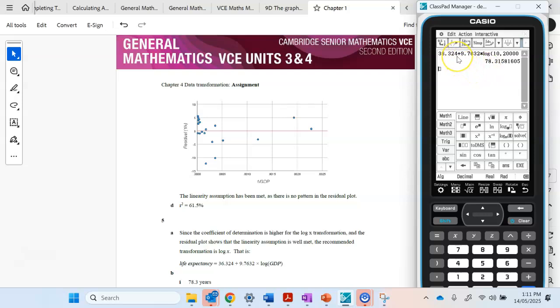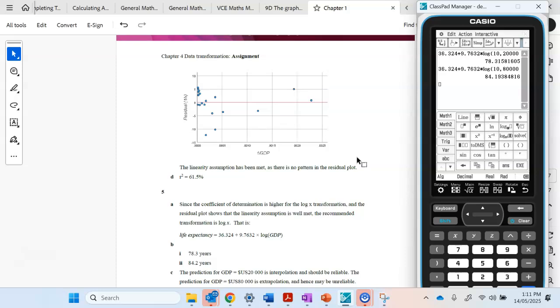Now we're going to do exactly the same thing. Instead of writing it again, I'm going to highlight it and drag it down. And then we're doing it for 80,000. Obviously if you, as a country, earn more, your life expectancy is going to be higher. So it's predicted to be 84.2 years.